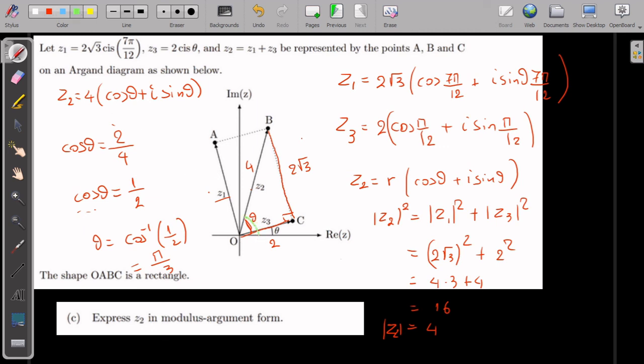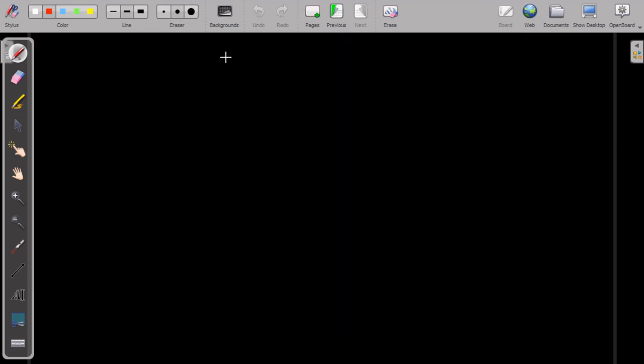So it's going to be theta plus theta 1, let's call it, which is the argument of Z3. So my angle is going to be pi over 3 plus pi over 12, which is 5 pi over 12.